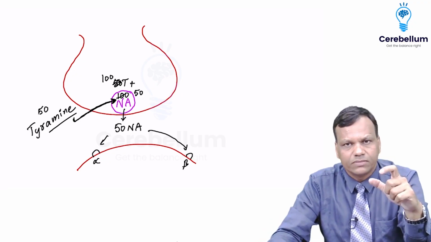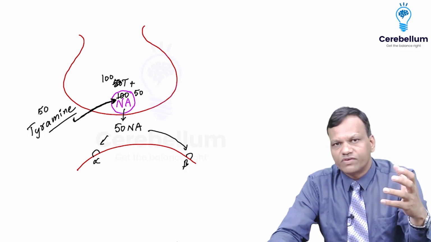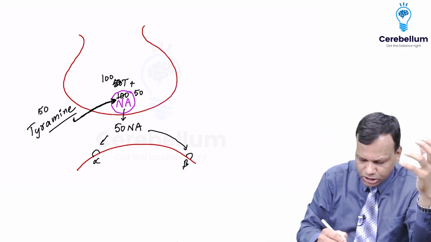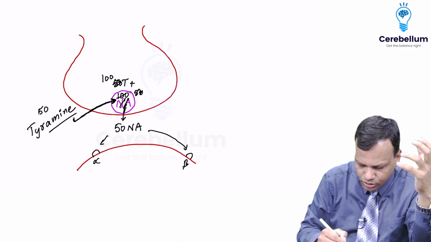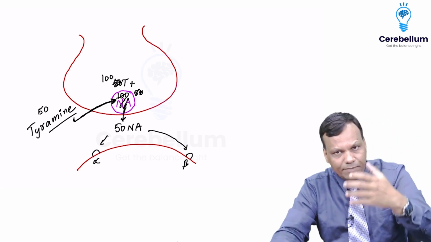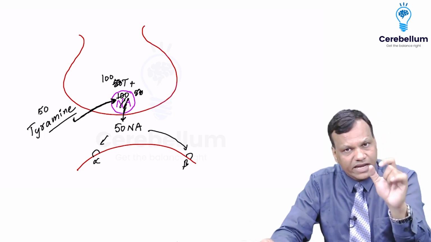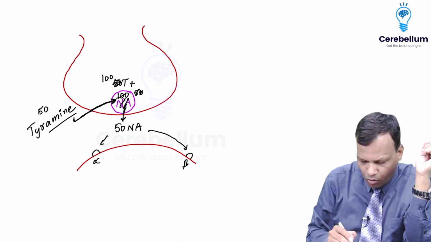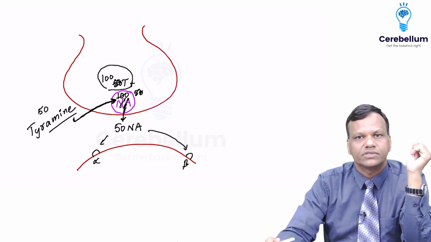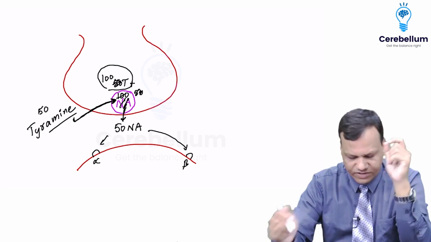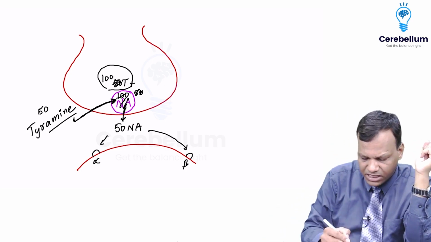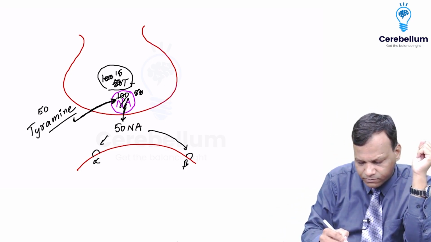Again 150. The vesicle cannot store 150. So what will happen? It will push these 50 noradrenaline also into the synapse. So they will again come into the synapse, and again sympathetic action will come. Now what is left in the vesicle? All 100 tyramine. Okay. Now if we give a third dose of tyramine, 50 more, they will become 150 tyramine.